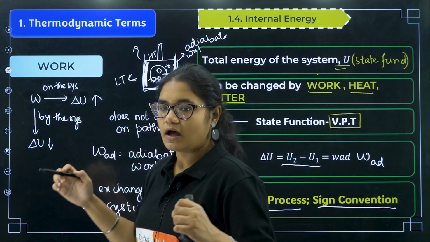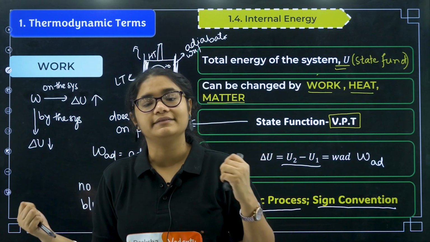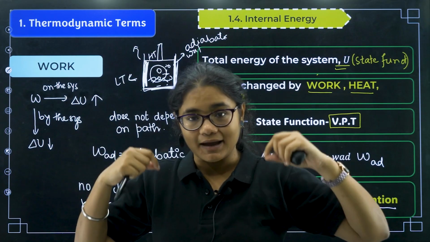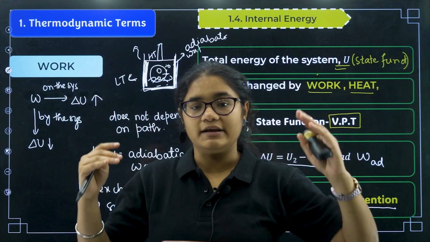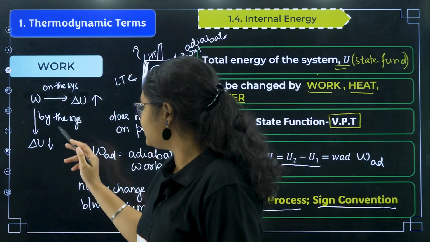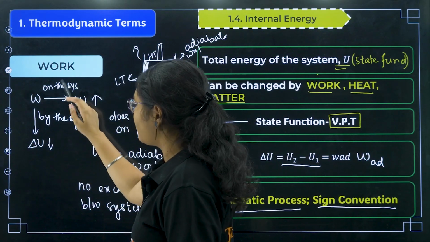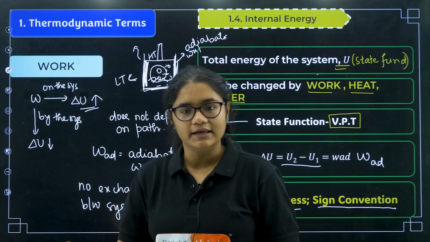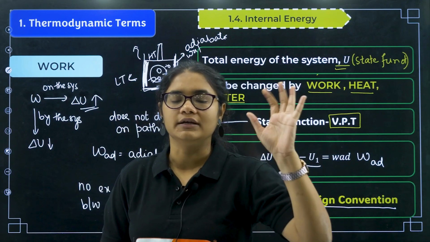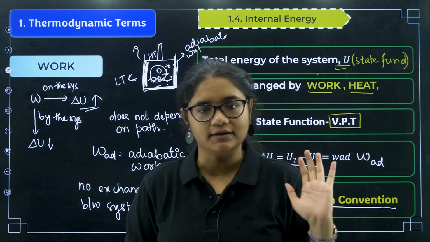These particles are trying to expand by themselves to push the piston up. When work is done by the system, the internal energy will decrease, because they are using their own energy. So by the system, internal energy will decrease, on the system, internal energy will increase. So when you do work on the system, delta U increases, by the system, delta U decreases.